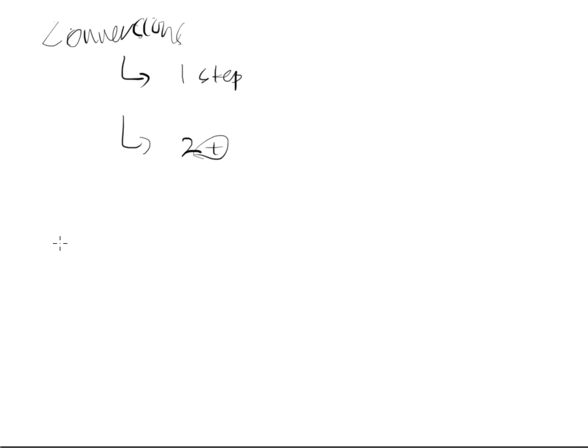So let's say that, for instance, we have a problem, and the problem says, hey, we've got 41.5 hours, and we want to know how many seconds is that? Well, I don't know about you, but I can't really go through in my head and say, this is how many seconds there are in an hour, right?